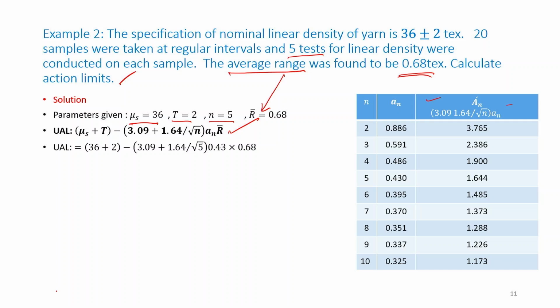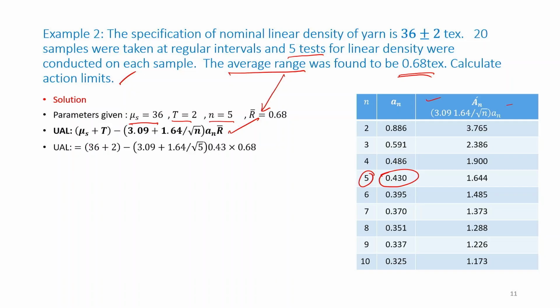Now here, we find out the value of a n in this case. This is our n value, so small a n is 0.43.